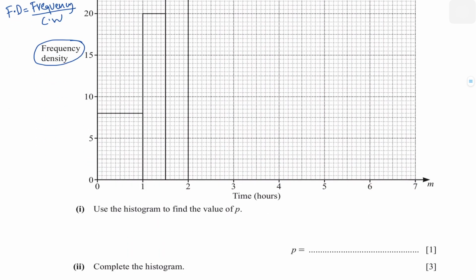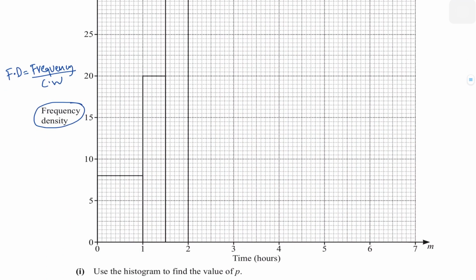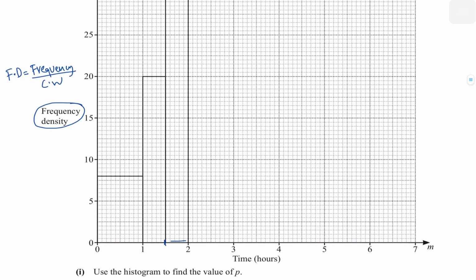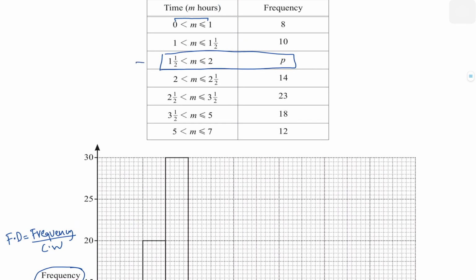Now we have to find the value of P. Let's see what P is representing. P is from 1.5 to 2. This is the bar for this particular range. The frequency density here is 30.